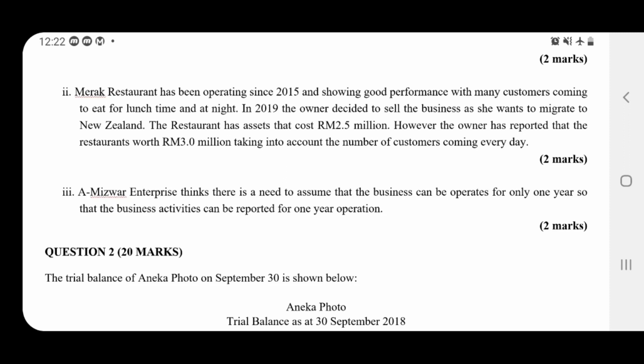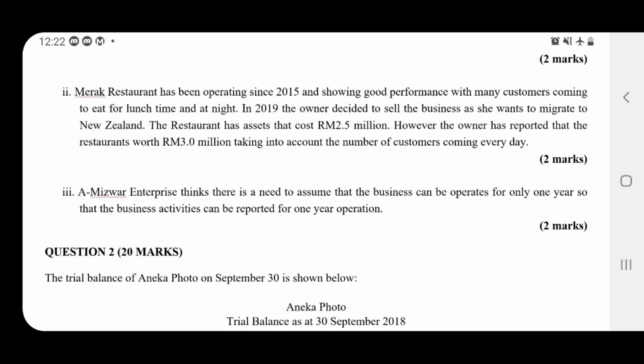So this scenario 2 shows the violation of the principle of monetary measurement. The principle of monetary measurement says, in accounting, you only can record items that can be expressed in terms of dollar and cents only.